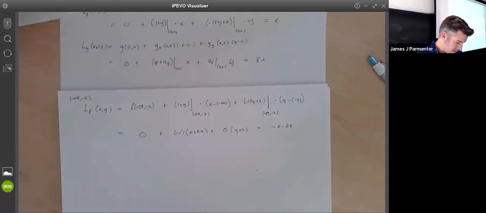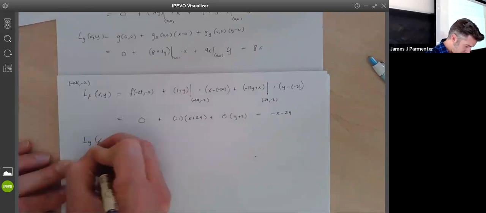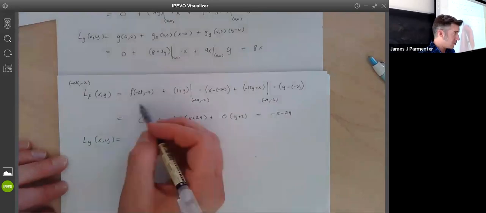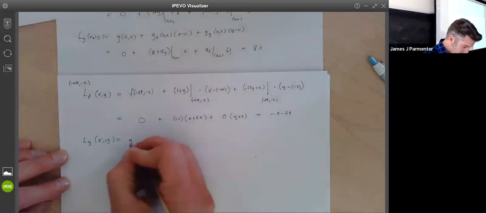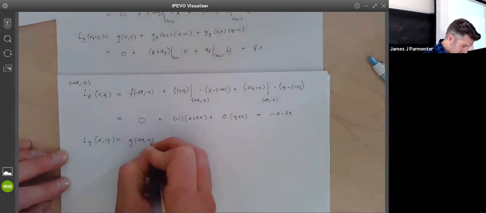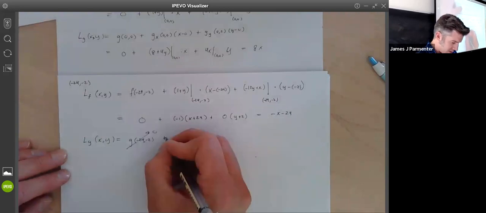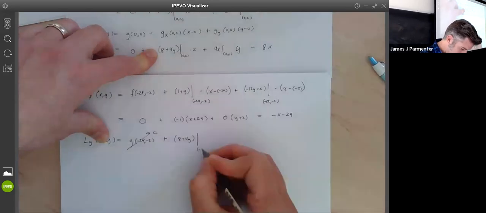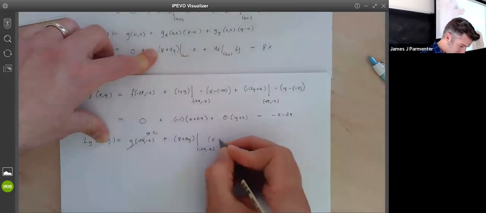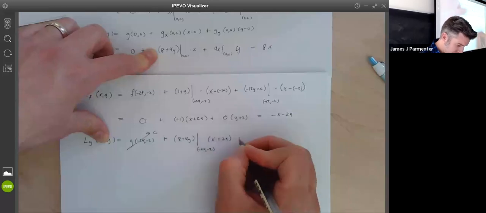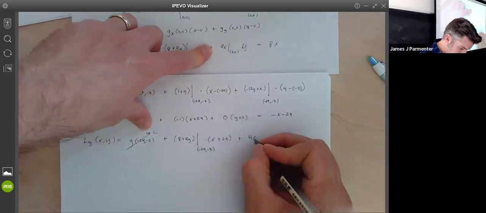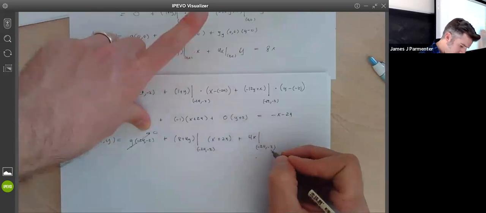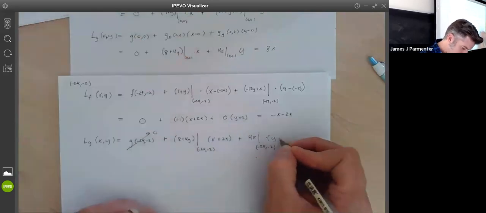And then we'll do the same thing for the second equation. It's going to be 0 again, right? I didn't even check plugging it in. I knew it was going to be 0 because it's an equilibrium. So you're going to get g of -24, -2, which we know is 0, plus, now these partials: that partial is 8 plus 4y, evaluated at -24, -2, times x minus -24, plus that partial 4x evaluated at -24, -2, times y minus -2.